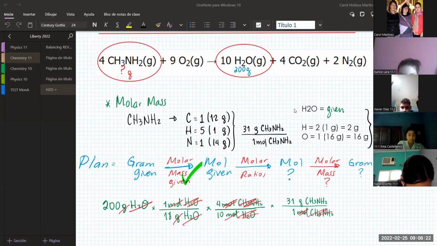You get rid of the same units, and in the end, the remaining unit is grams.